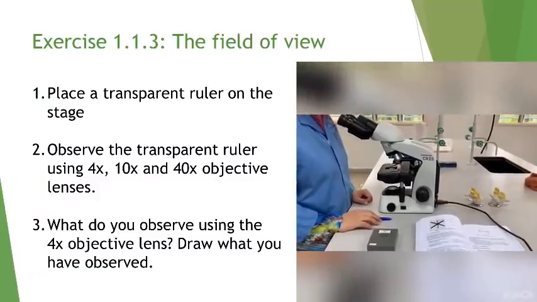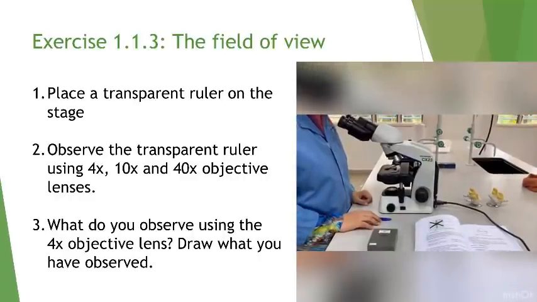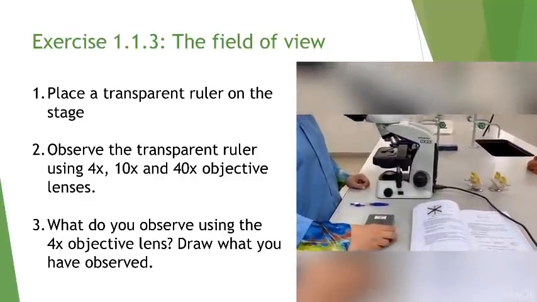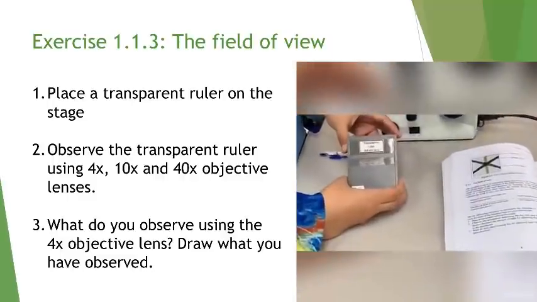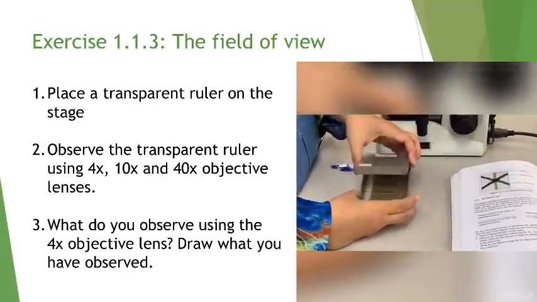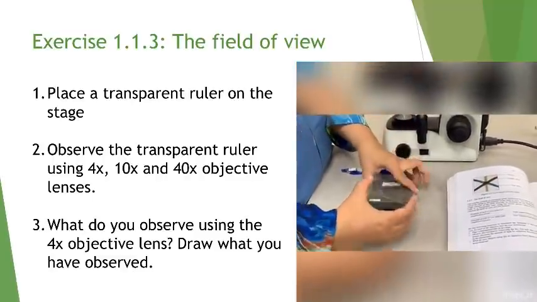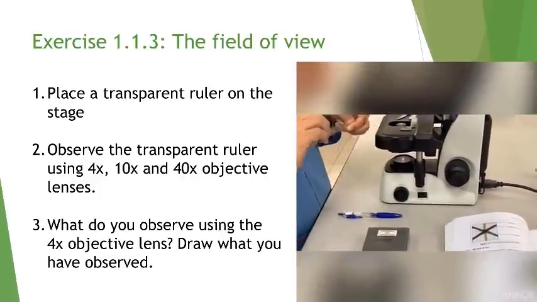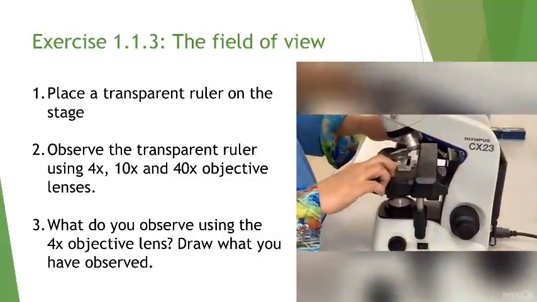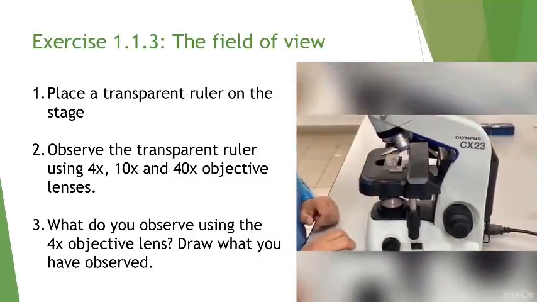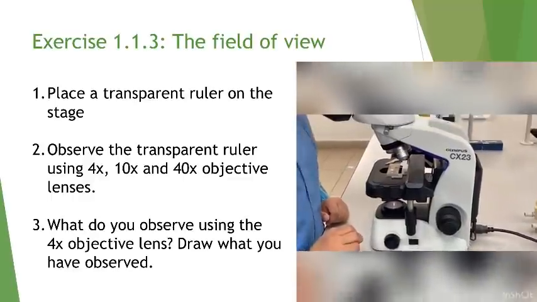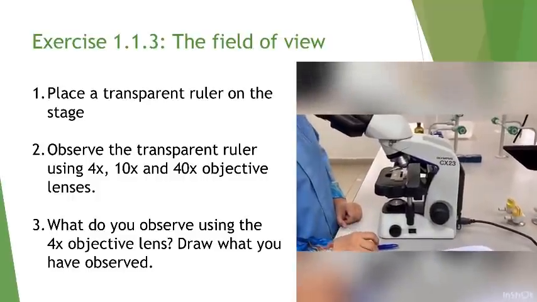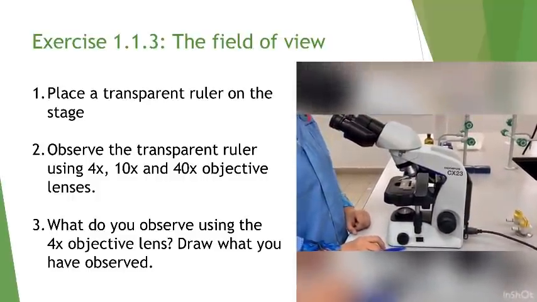The next experiment is exercise 1.1.3, the field of view. The first step is take a transparent ruler from the box and put the transparent ruler on the stage. Observe the transparent ruler using the 4 times, 10 times, and 40 times objective lens.